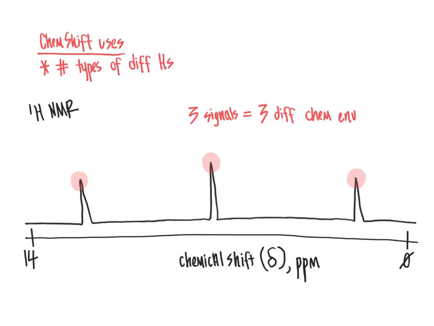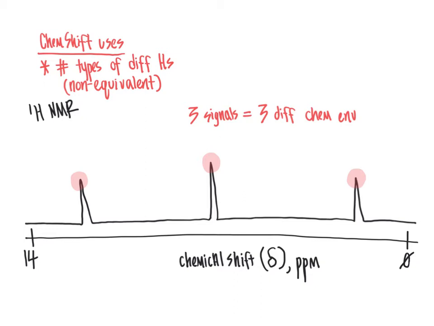And when we say that protons are different, we're referring to how many non-equivalent protons there are within the molecule. Non-equivalent protons are ones that have different chemical environments, meaning that they are bonded to different types of atoms, placing them in different regions of electron donating groups or electron withdrawing groups within the molecule.